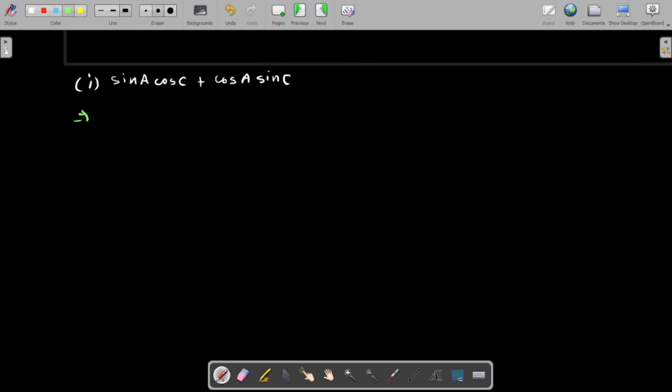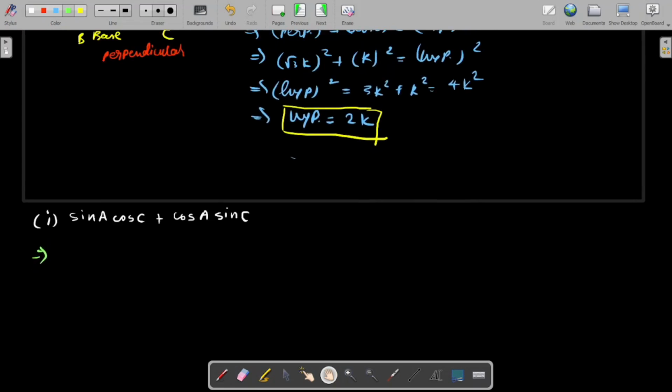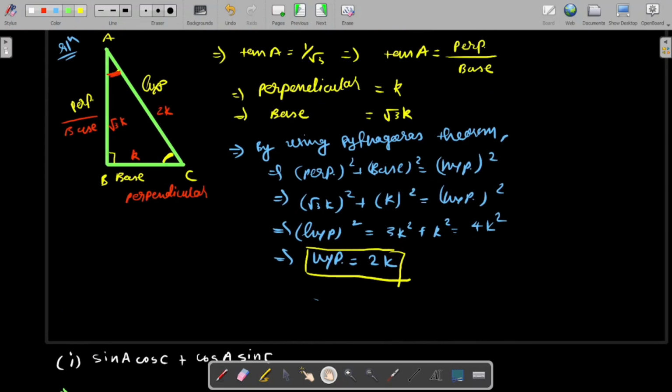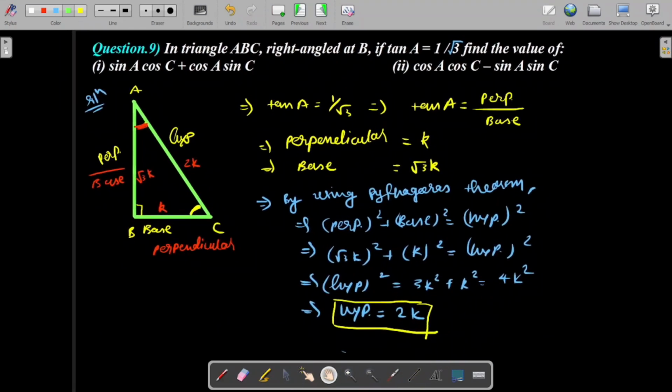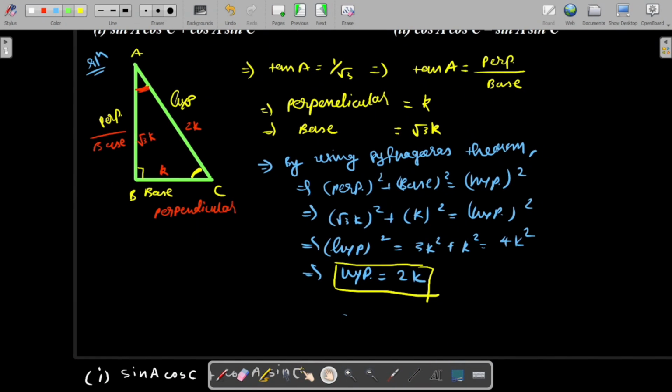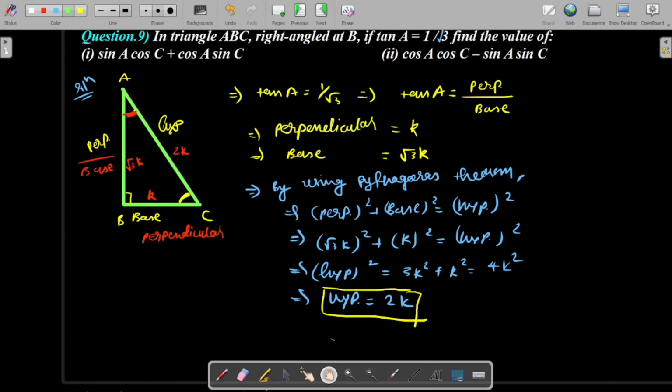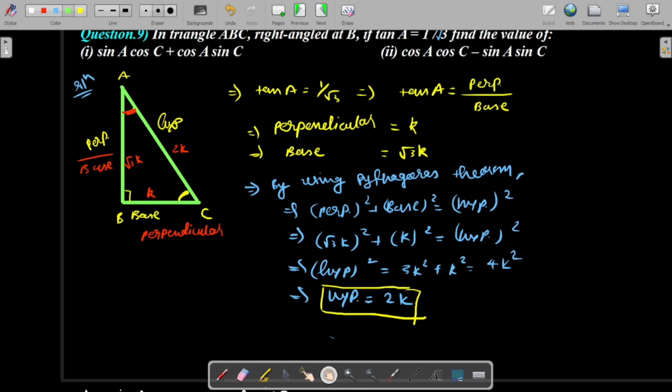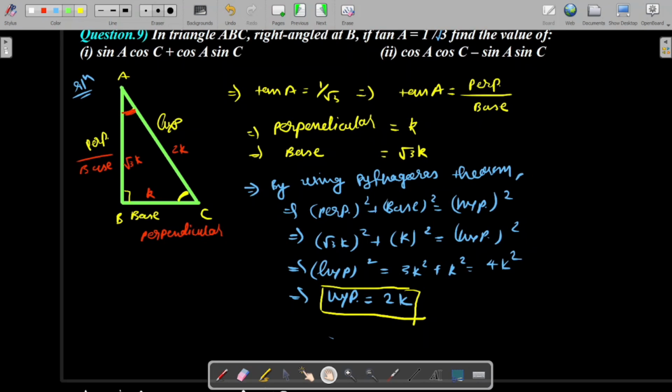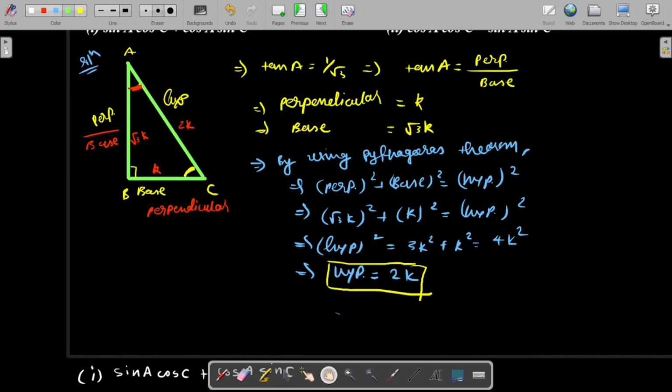So first of all, let's find the values of the trigonometric ratios sin A, cos A, sin C and cos C.